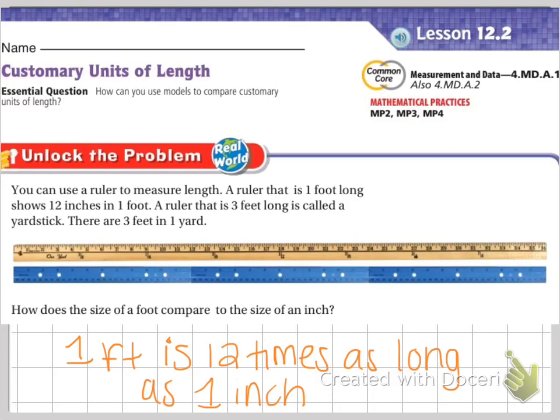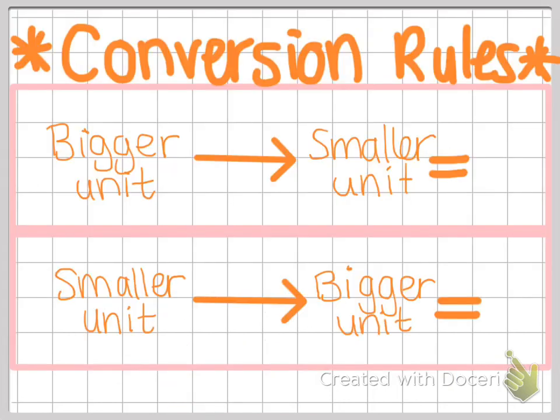This next part is going to introduce you to some rules that are very important for you to follow and use. Whenever we're converting different units of length or weight or liquid volume, these rules always apply, and you'll use them again in 5th grade. When you're converting a bigger unit to a smaller unit, let's say feet to inches, feet are greater than inches, so we're converting bigger to smaller.